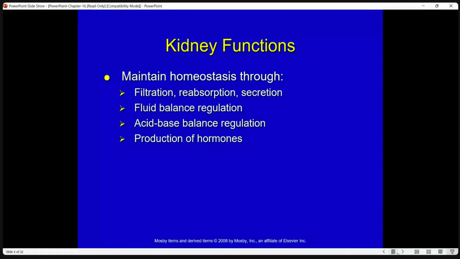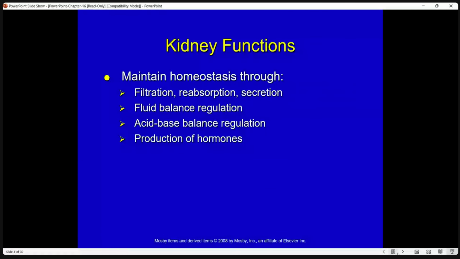So filtration, that is the filtering of toxins and excesses. Reabsorption, that is where the body reabsorbs sodium, chloride, water, and such.